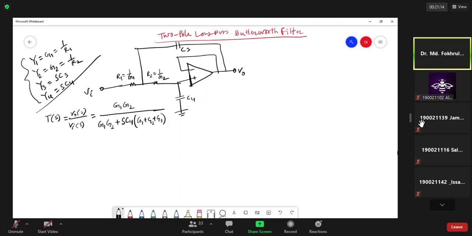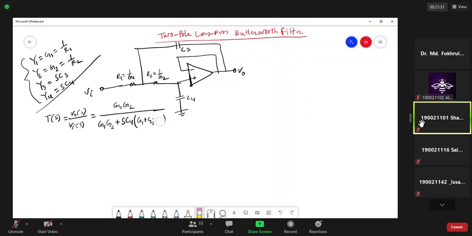It will be the transfer function for this two pole low pass filter. Instead of G3, sorry, it will be SC3. SC3, exactly.